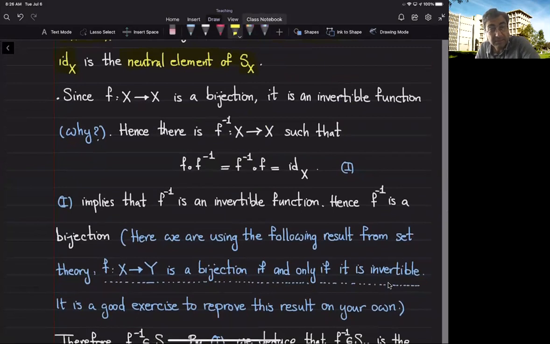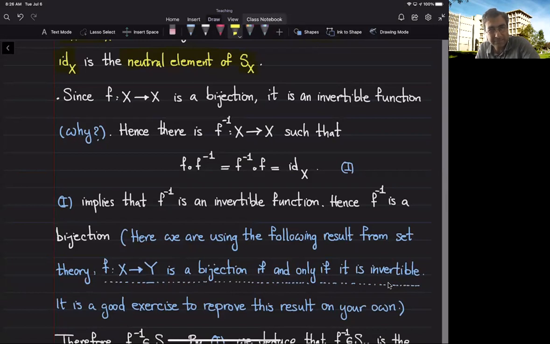And finally, every element of S sub X is a bijection, so every element is invertible. In fact, this is another result that we usually cover in Math 109, that a function from X to Y is bijective if and only if it is invertible.